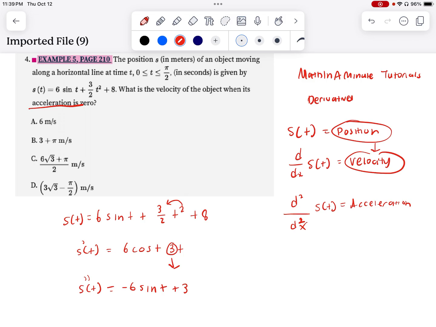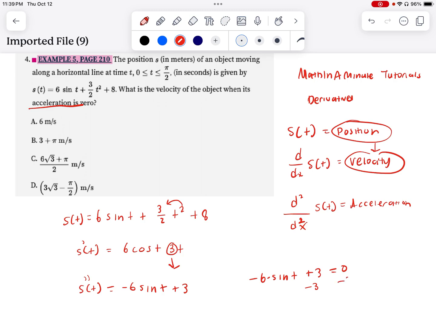And basically, the problem wants us to find the velocity of the object when its acceleration is 0. So when the acceleration is 0, we just have to set this acceleration equation that we just got to 0.